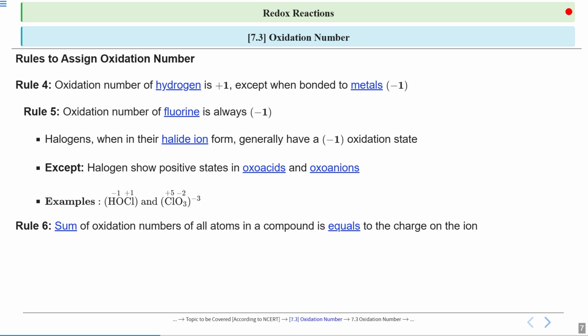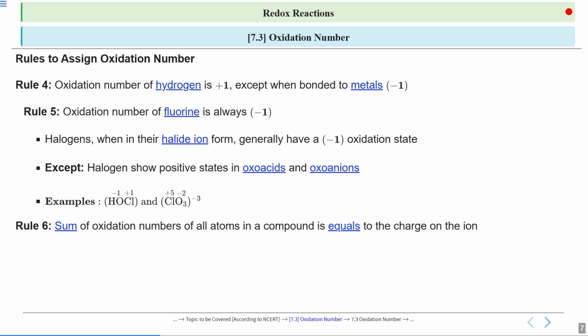Now rule 6. Rule 6 says that the sum of the oxidation numbers of all atoms in a compound is equal to the charge on the ion.